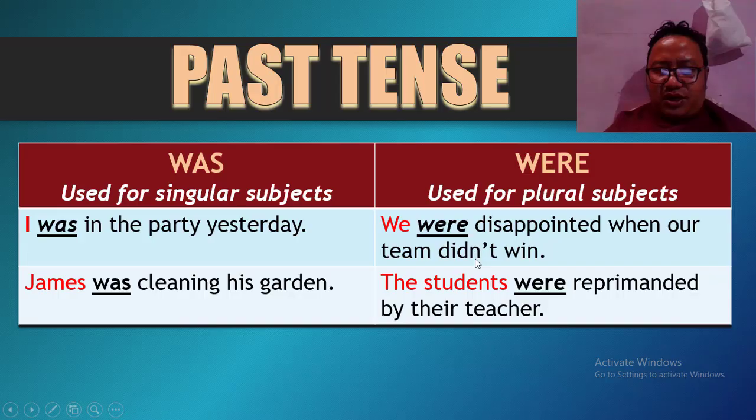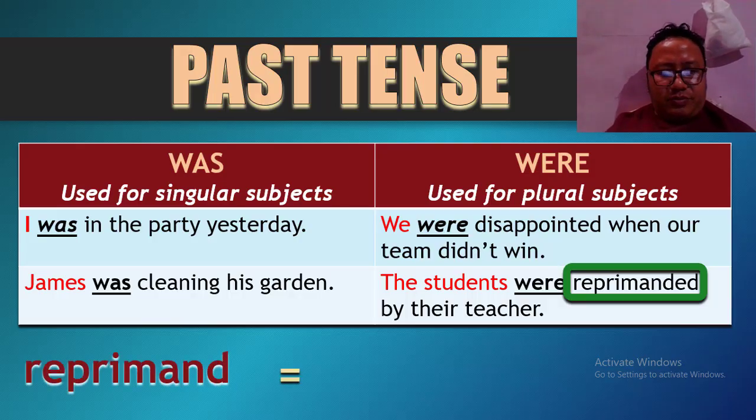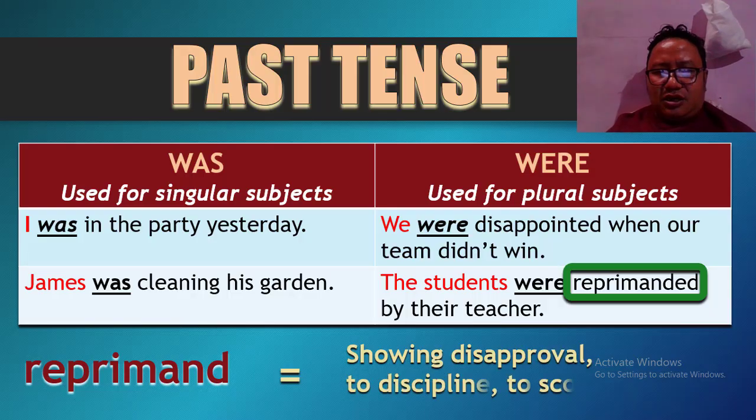And the next is: the students were reprimanded by their teacher. It's quite clear like that. But here we have this word reprimanded. Have you come across this word reprimand? Reprimand is showing disapproval of one's action.